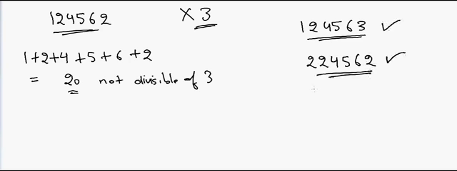Or we can say 2 and increase 1 in each of these and say 3, 5, 6, 6, 2. This should also be divisible by 3. What I'm doing is modifying the number just enough so that the sum remains divisible by 3. In that case the whole number should be divisible by 3. That's how this trick works.